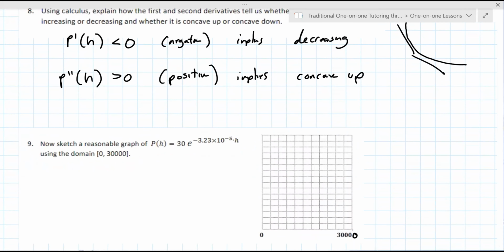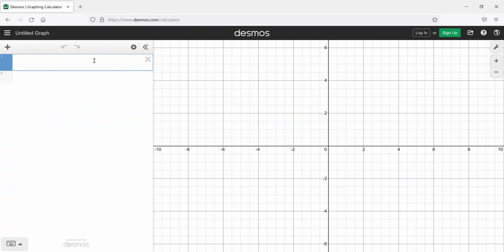But I'm gonna go to Desmos, because it's a way better graphing tool than your calculator. No argument from me. So p of h just means y, and instead of h, we're going to use x. So we're gonna go minus 3.23 times 10 to the minus 5, and then x.